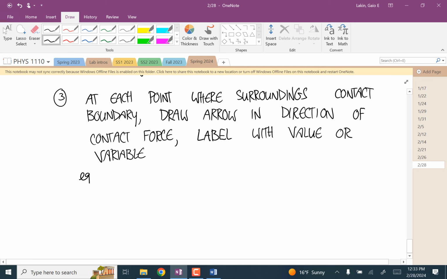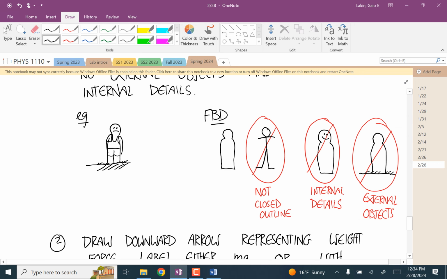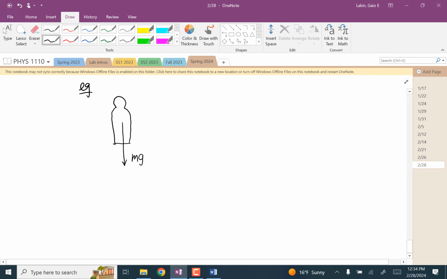Okay, so in this case, here's the outline. There's the weight force. And if we look back at the picture, where do the surroundings make contact with the boundary? Yeah, right. The ground contacts the feet. And so we have to represent that somehow.